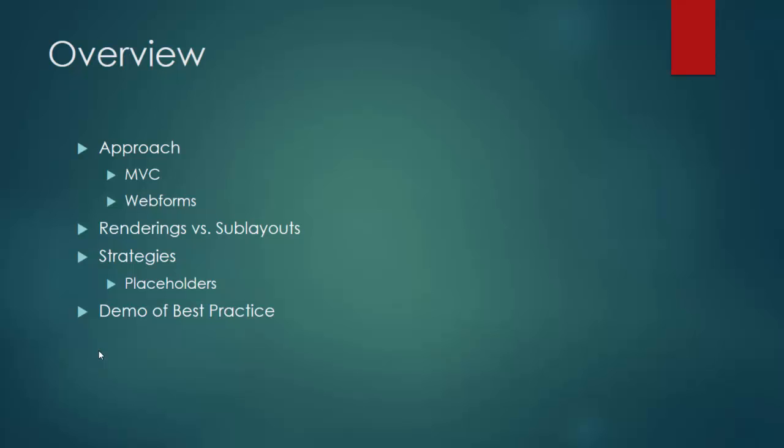Instead of creating one giant rendering for displaying all of that, I'd rather have a 6x6 and then placeholders for a 6x6 left and a 6x6 right, and then you can insert renderings inside of this rendering using the placeholder to add a form to the left, which would be a separate component or a separate rendering, and then an HTML block or whatever it may be on the right, which would also be a separate rendering. So hopefully that makes sense.